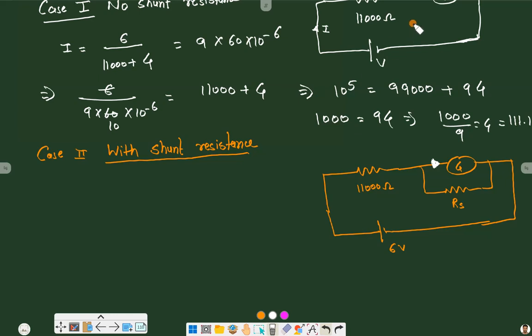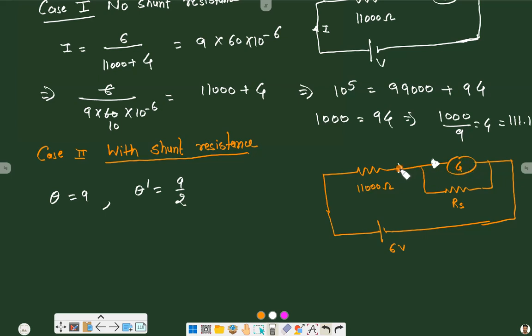Initially, in our first case, the amount of deflection was 9, and now deflection is 9 by 2, and we can find out the amount of current by multiplying this by the current required to produce unit deflection. So as deflection is reduced by half, the current flowing through this galvanometer is also reduced by half.